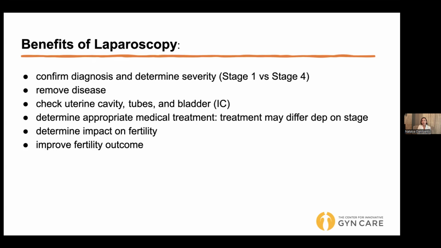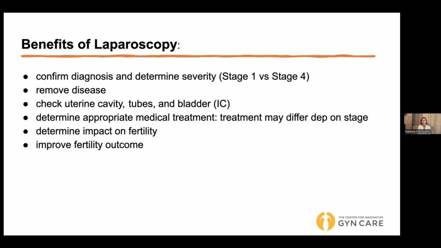At the same time of the surgery, especially if we're talking about someone who desires fertility, and most endometriosis patients, because we're usually dealing with patients in their teens or 20s, they do desire future fertility. We want to check the uterine cavity and the fallopian tubes and the bladder. So we're checking everything else at the same time to rule out other things.